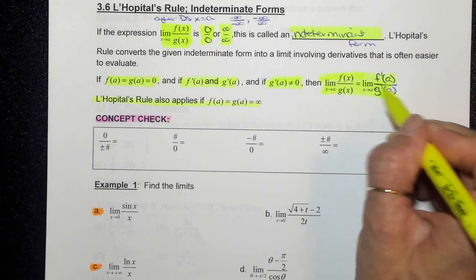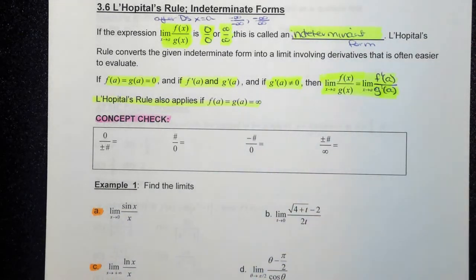And here they said that g prime of a can't be equal to 0.